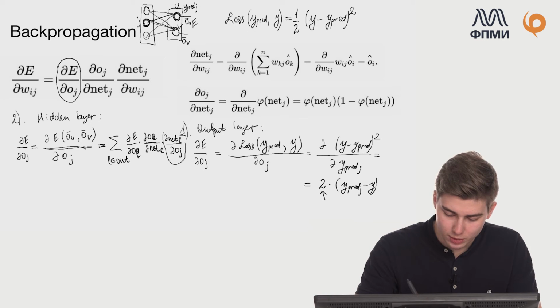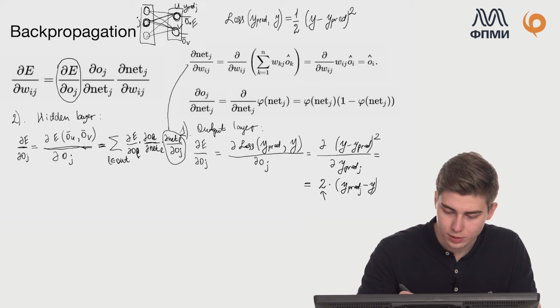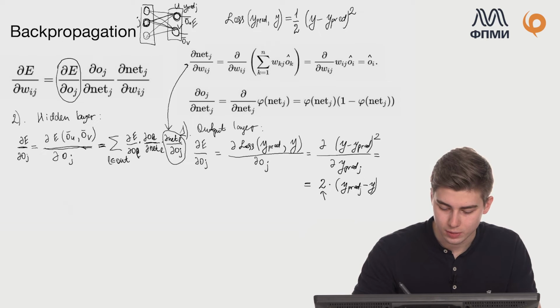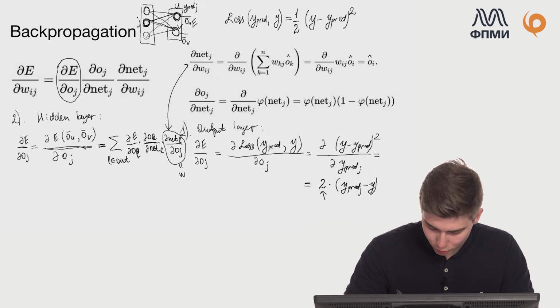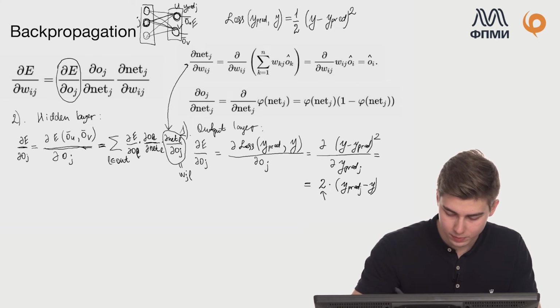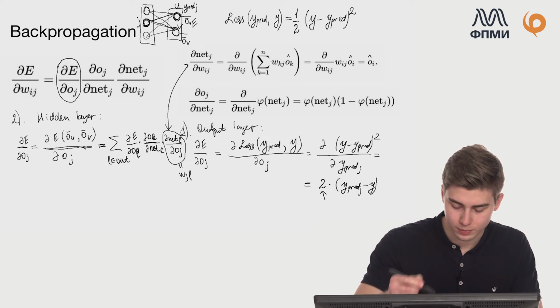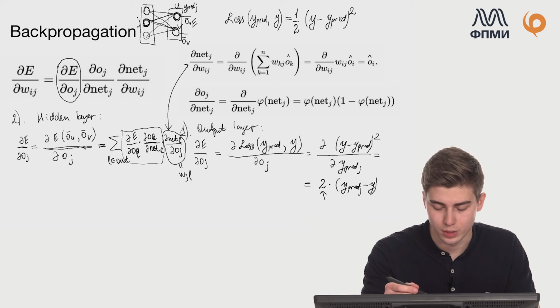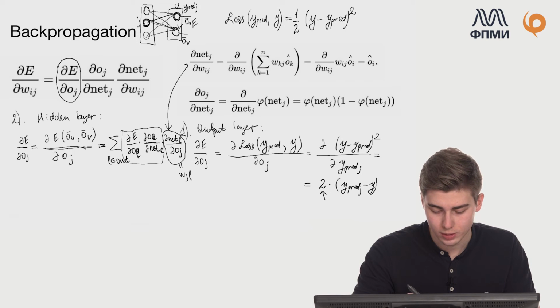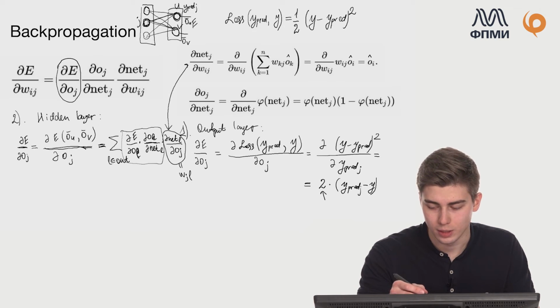Here we have just the same situation as before, and this term will be equal to W_jl, and this is the partial derivative of error with respect to the output of the output layer, and the partial derivative of the outputs of the output layer with respect to the net_l.